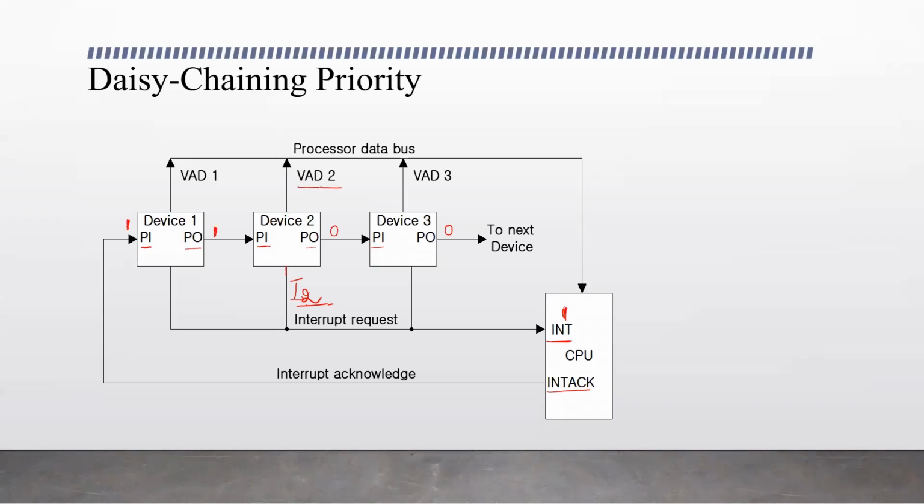It places this vector address on the processor data bus and it is sent to the CPU. The CPU will go to the position of the vector address VAD2, that is, where the interrupt service routine is placed in memory, and it will execute this sequence of instructions. This way, an interrupt request from any device is serviced based on priority in the daisy chaining priority method.